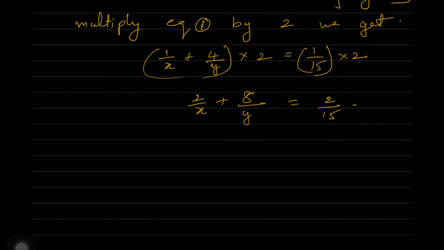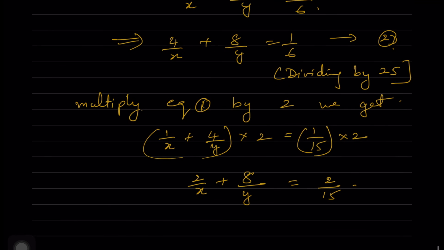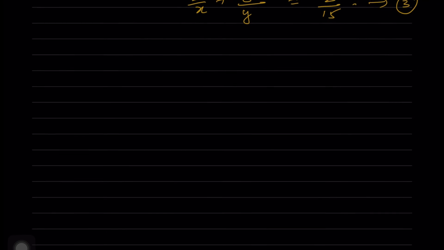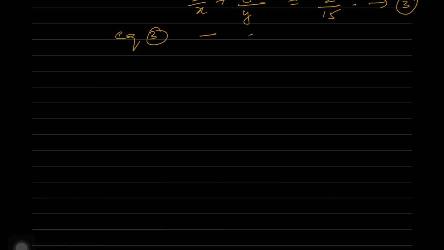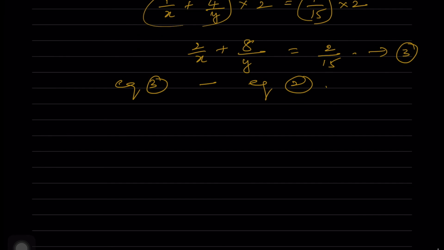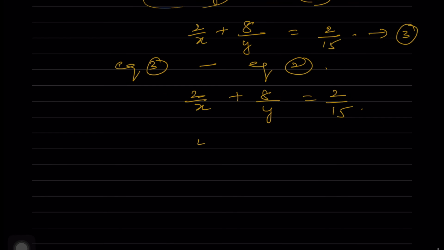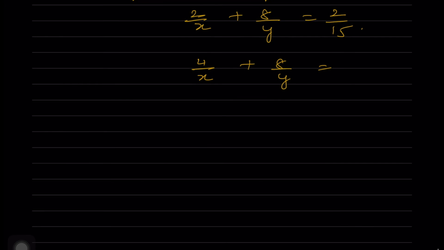Then we are subtracting it from the second equation. 2 by x plus 8 by y is equal to 2 by 15, 4 by x plus 8 by y is equal to 1 by 6.